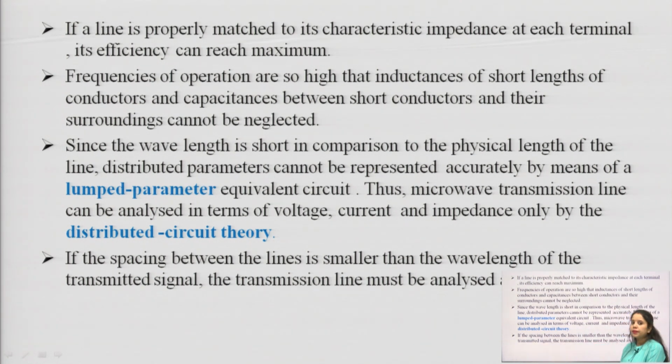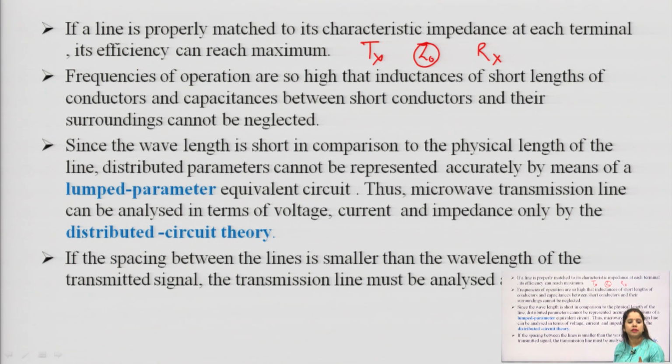The first one is that the matching should be proper at each terminal, that means the transmission section terminal and the receiving section terminal. The characteristic impedance, which is generally represented by Z0, should be matched to the transmission section, that is the first terminal, and to the receiver section, which is our second terminal.